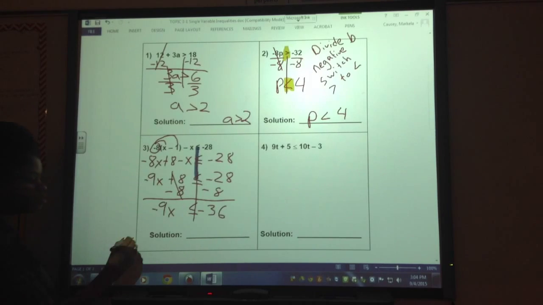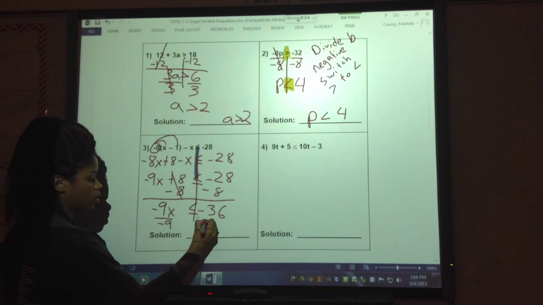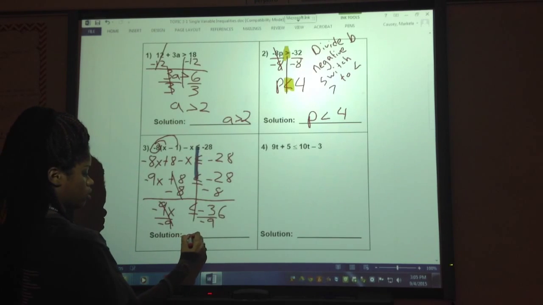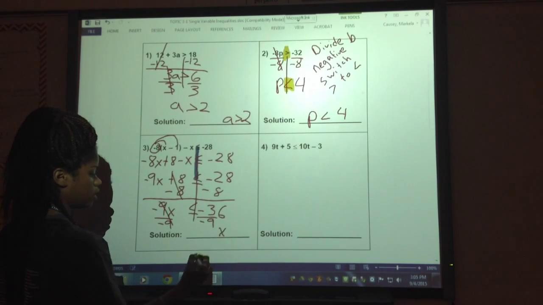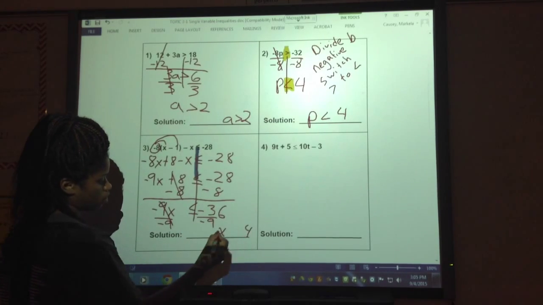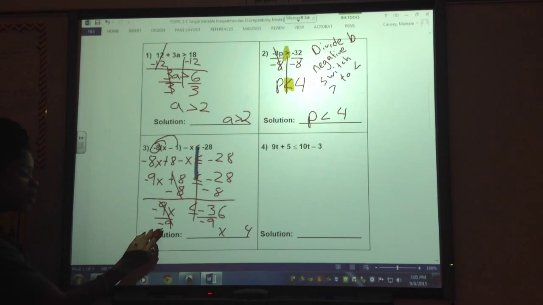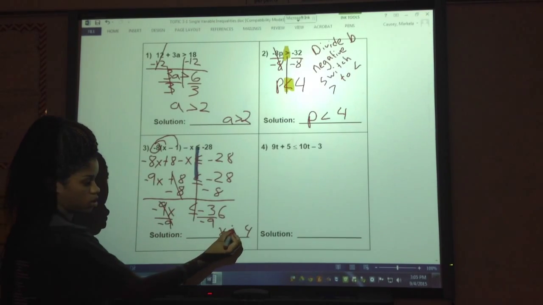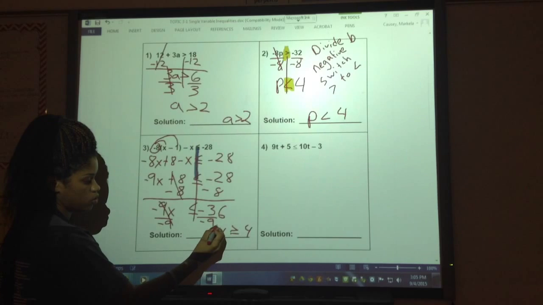And then I'm going to divide by negative 9. X, negative 36 divided by negative 9 is a 4. So I divided by a negative, so I need to switch this to a greater than or equal to.